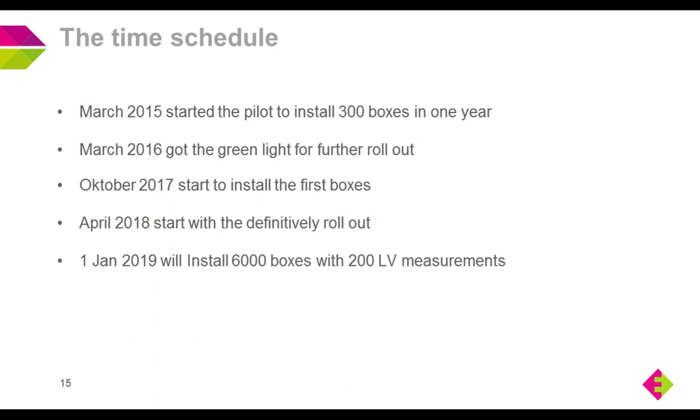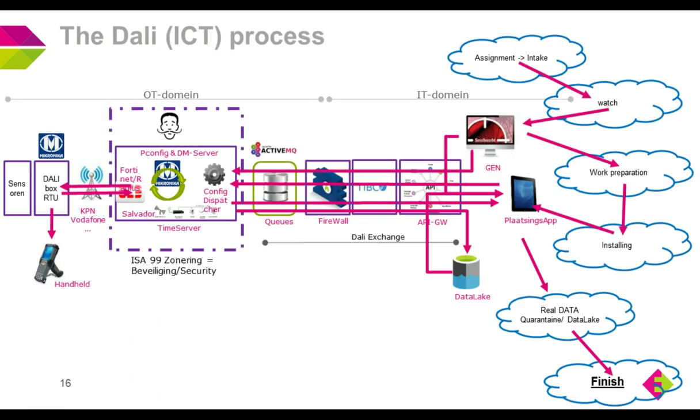So we will see if it is possible to place it. This is in the next figure. I go very quickly through it because there are many steps, but it shows the difficulty of the total process. In the DALI pilot, the measurements were going to the cloud.